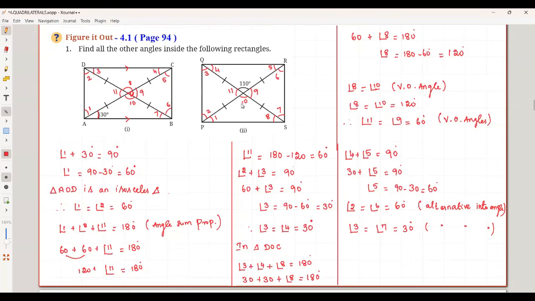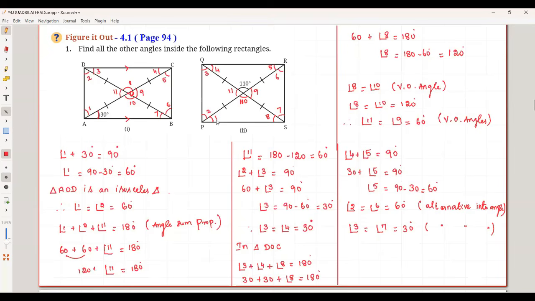Here this angle is given. Vertically opposite angles are equal, so this is 110 means I can take this also as 110. We know that in a triangle, base angles are equal. So angle 1 and 8 will be equal. We can use the angle sum property of a triangle to get the value of angles 1 and 8. Angle 1 will be alternate to angle 5, and angle 8 will be alternate to angle 4. I'll help you find angles 1 and 8.